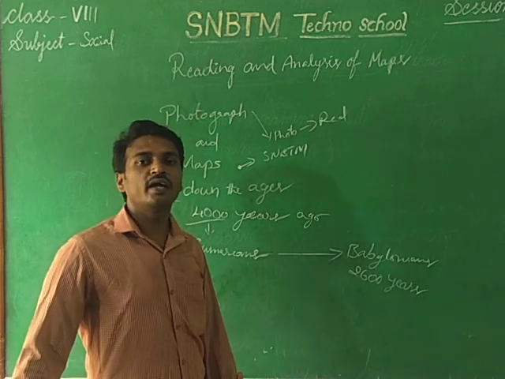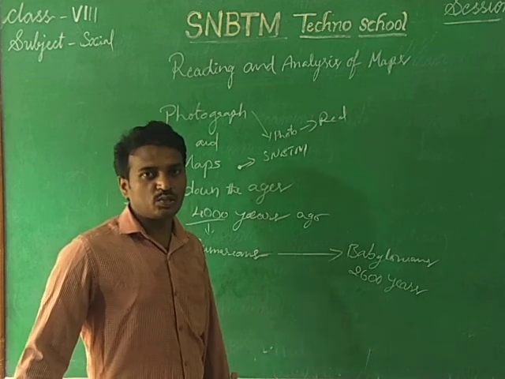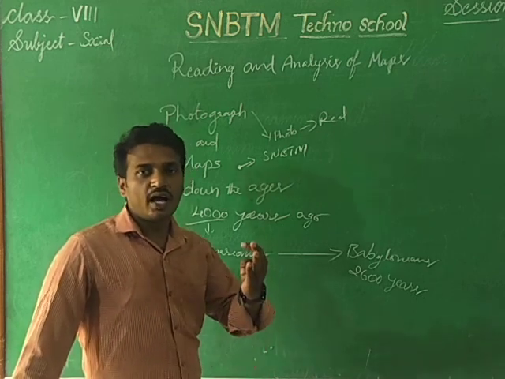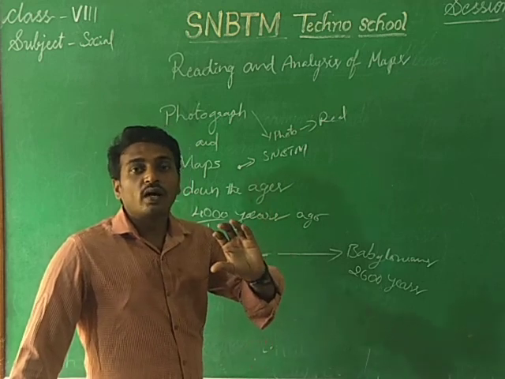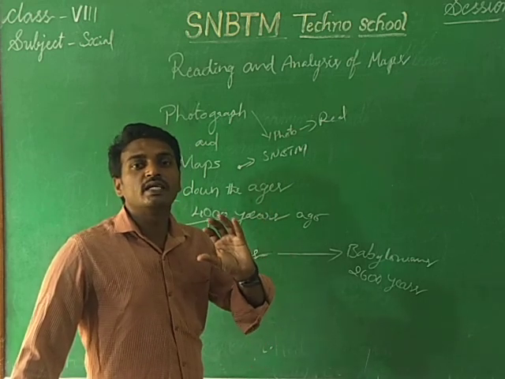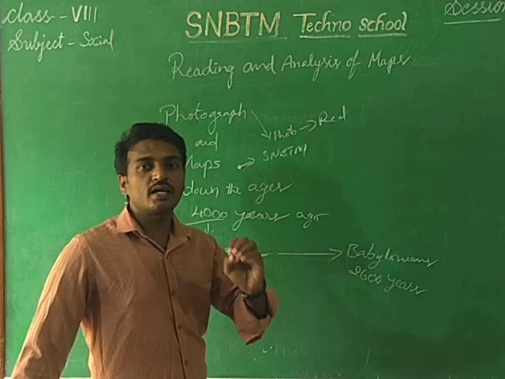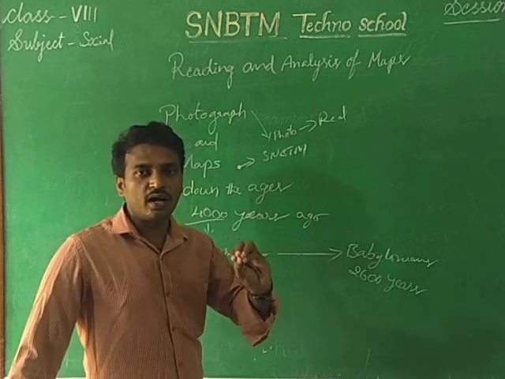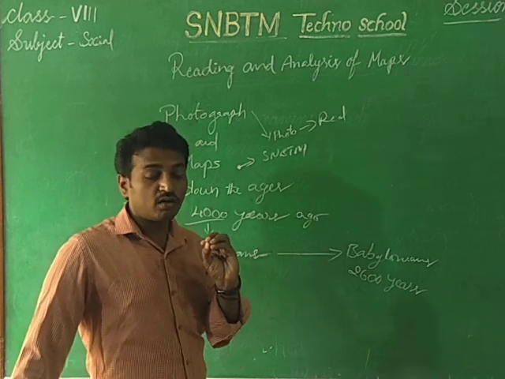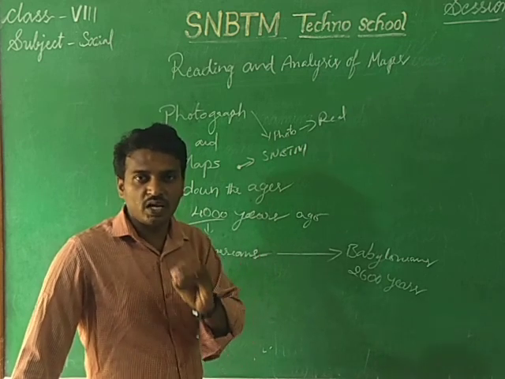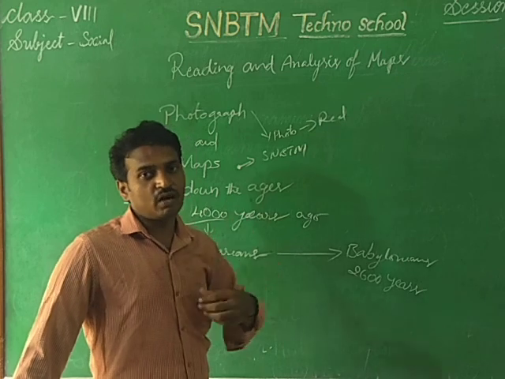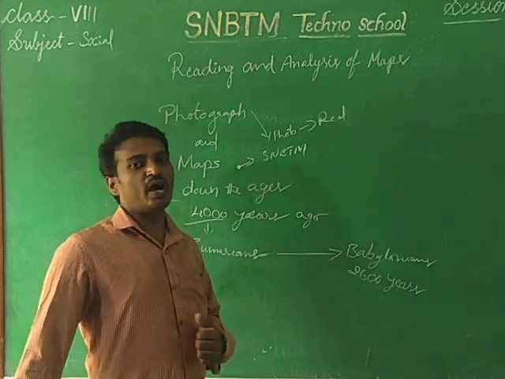Why did they think like that? Actually, between Africa, Asia and Europe, one sea is there. What is that? The Mediterranean Sea. The Mediterranean Sea is dividing the northern parts of Africa, the southeastern parts of Asia and the southern parts of Europe. It is dividing them.